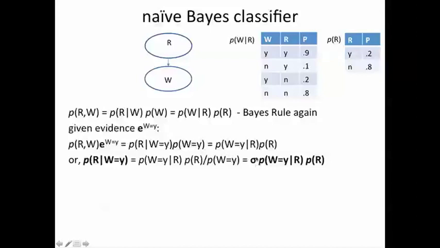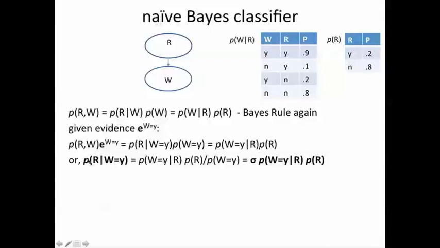It's simply one over the probability of the evidence, and we'll use this sigma wherever we need to refer to one over the probability of the evidence that we are observing. Pardon the use of sigma for this purpose here. Earlier we used sigma as a selection operator, but now we will use sigma only as the inverse of the evidence probability.